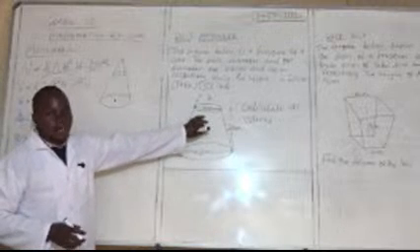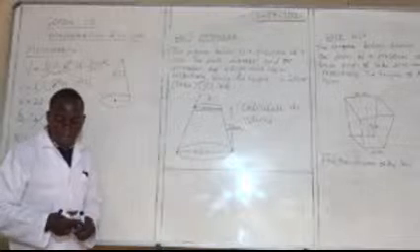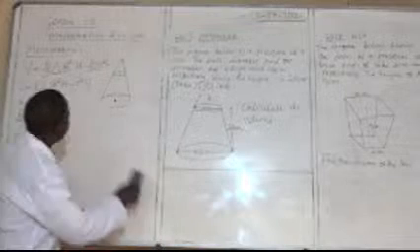Therefore, the bigger h is equal to 20 plus the smaller h, which is 10. Therefore, 20 plus 10, we get 30 centimeters. Now, since we have the smaller h and the bigger h, meaning that we have got the full data, we can calculate the volume of this conic frustum. So we shall solve it from here.